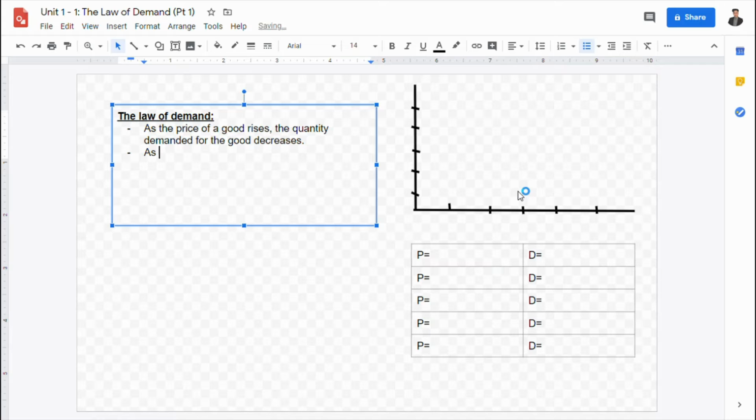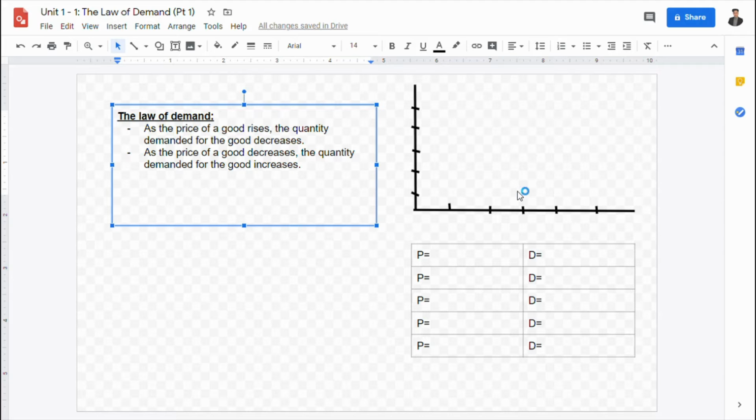The second part states as the price of a good decreases, the quantity demanded for the good increases. So these two parts are basically contributing to the law of demand. As the price of a good rises, the quantity demanded for the good decreases. As the price of a good decreases, the quantity demanded for a good increases.